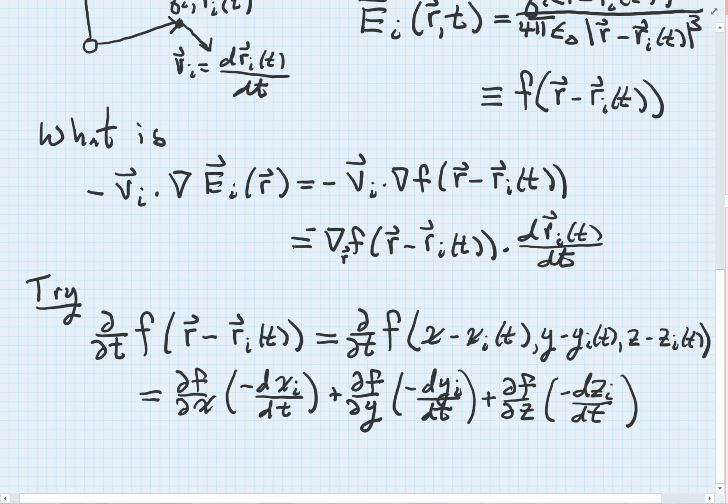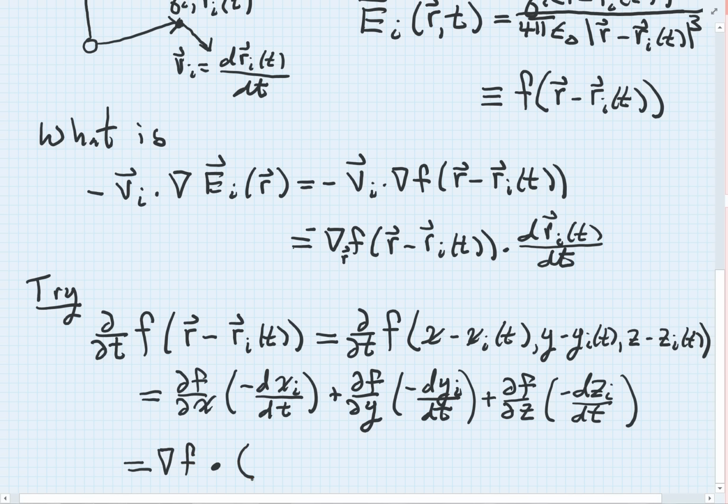And what we're looking at now definitely looks like some kind of a dot product, right? I've got these x coordinates multiplied together plus the y coordinates multiplied together plus the z coordinates multiplied together. So I can write this as a dot product. The first vector must have components partial f partial x, partial f partial y, partial f partial z, and that is precisely what we call, of course, the gradient vector of f.